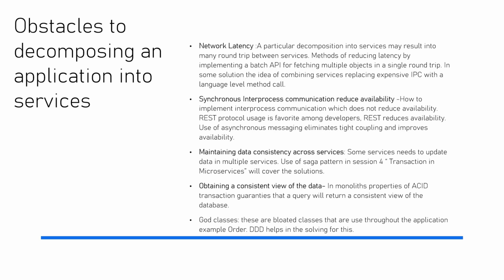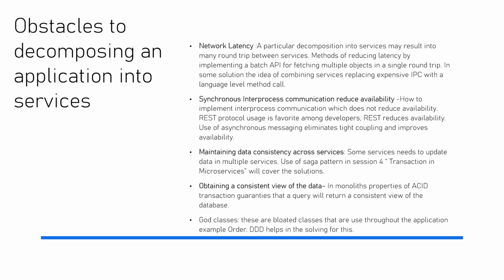Now, there are methods to reduce the latency by implementing a batch API or fetching multiple objects in a single round. So it's like chatty calls versus one call. In some solutions, the idea of combining services, replacing expensive IPC with a language-level method call, is also an alternative. But that's more on a case-to-case basis. But there are ways to solve the problem.